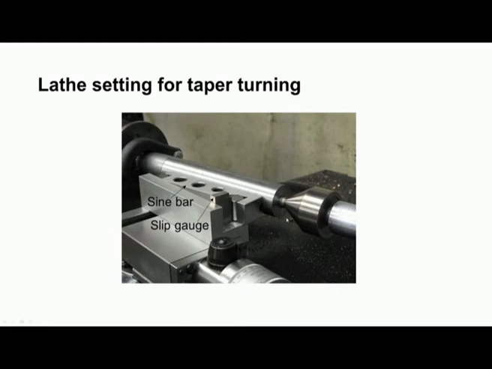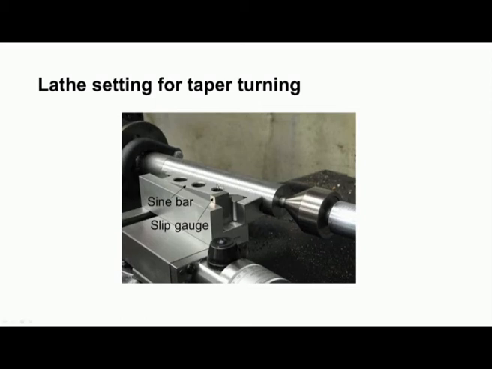Now, you can see another application of the sine bar. This is setting of a lathe for taper turning. You can see the workpiece in which we have to cut the taper.